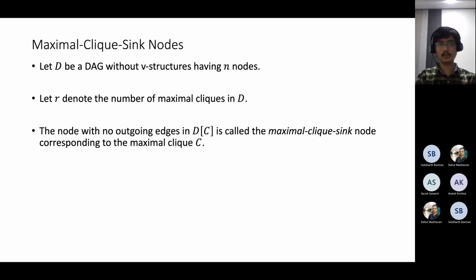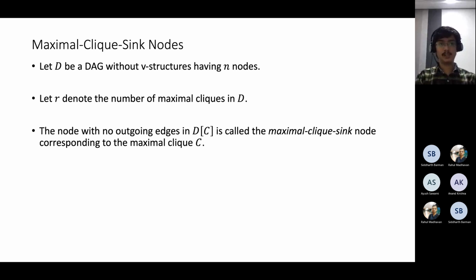So the skeletons of DAGs without V structures have nice structure: they are chordal, and the skeleton of a DAG without V structures is also its MEC. Now I have a DAG without V structures, and r is the number of maximal cliques in that DAG.